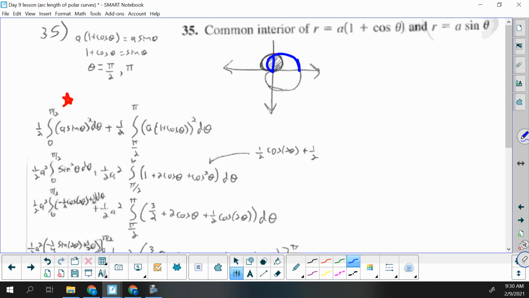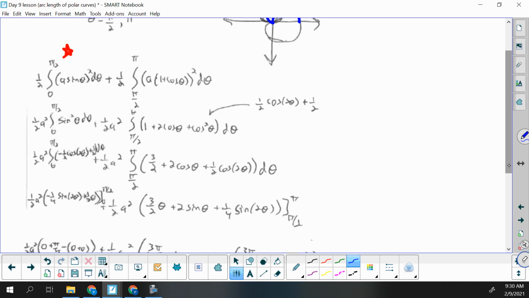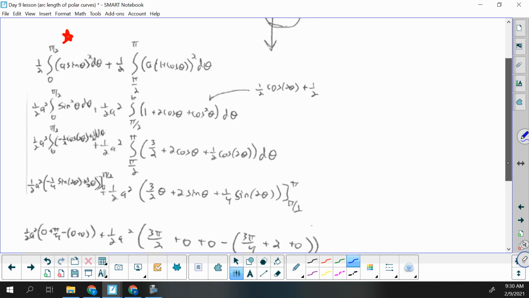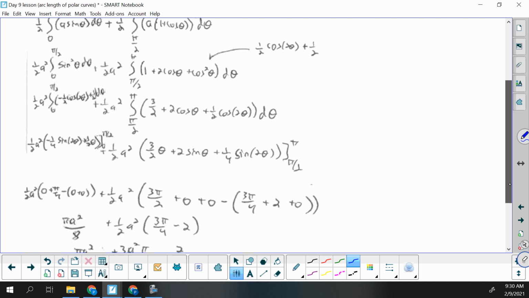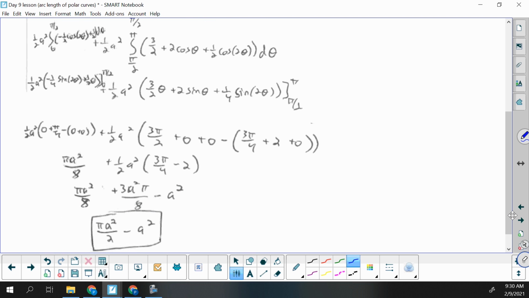So we want that blue part from pi over 2 to pi of the a times 1 plus cos theta. So square things out, do your power reduction. Now the part that's squeezed in there on the left is our power reduction. And we'll leave this up here for a second so that you can pause it if you need to, if you didn't end up getting that answer.